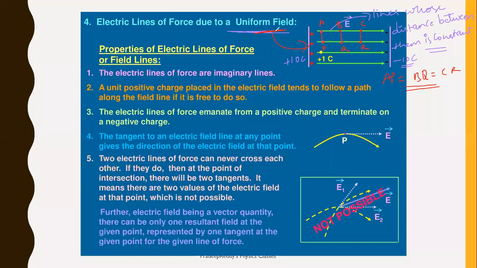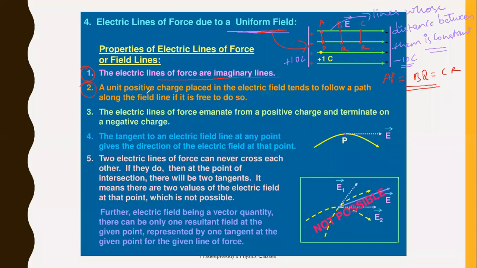So that is about uniform and non-uniform fields. And remember that electric lines of force are imaginary lines. For our convenience, we are representing electric field lines in order to study them. They are imaginary lines which are being chosen by the learner.